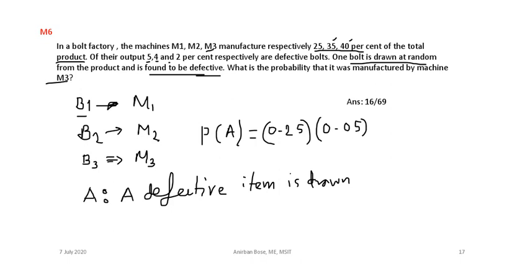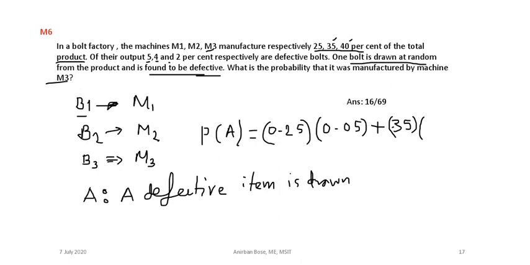So in this way that particular item may be defective, or it can happen in other ways. What are the other ways? The sample bolt that you have drawn may be coming from machine 2. What is the probability that it is coming from machine 2? That probability is 35%, because 35% of the product is contributed by machine 2. Now if it is coming from machine 2, what is the probability that it will be defective?